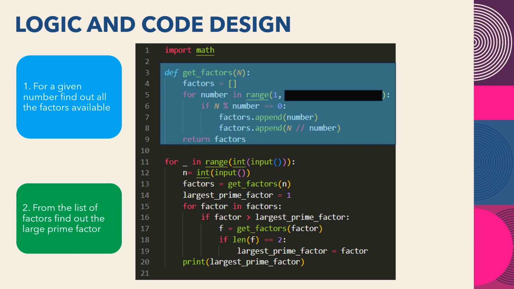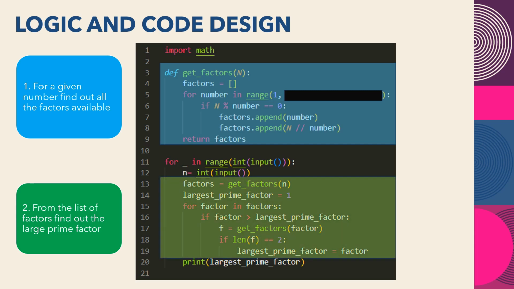The get factors method at line 3 is defined to get all the factors in a list, and in line 9 it returns that list to the main function. In the main function we are doing step 2, that is to find the prime factor. In line 16 we are checking whether it's greater or not, and in line 18 we are checking whether it's prime or not. I will come back to this when I explain using some examples.